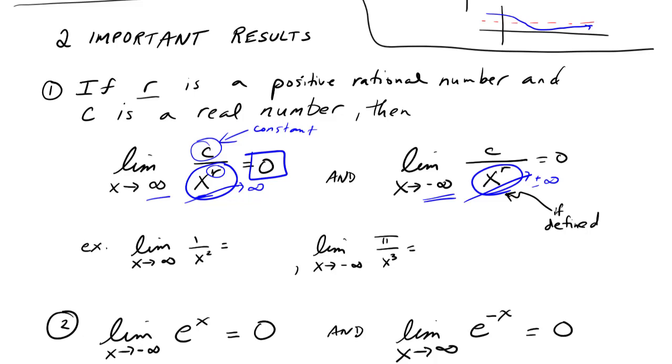And it also may not be defined. So we're saying if it is defined, we don't want to be putting negative numbers in, say, an even root, and we still have a constant over something that's going to an infinity, and this is still going to go to 0. So those are very important. We're going to see that a lot.